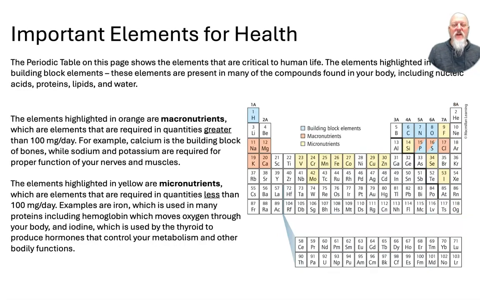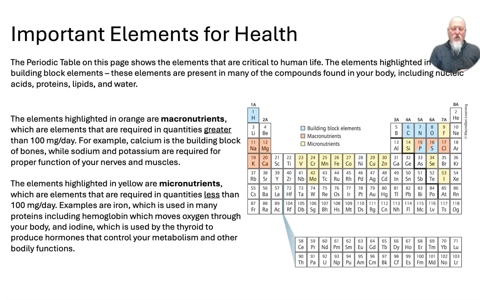Okay, and if we look at elements that are really important for health or for life, the blue ones are just fundamental pieces of life. They're the building blocks. Hydrogen, carbon, nitrogen, oxygen, phosphorus, which we talked about earlier, and then we threw in sulfur here also. Okay, so those are going to be the things that are the building blocks, right?